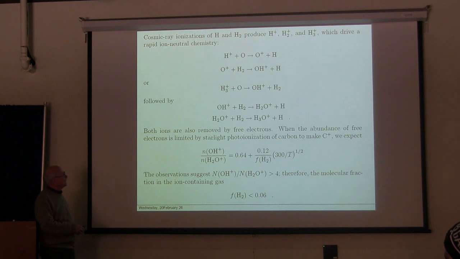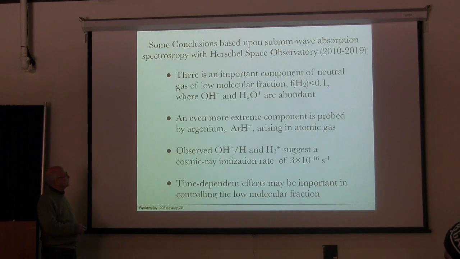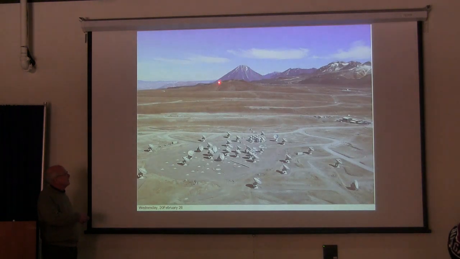And fortunately, with the launch of the Herschel Space Observatory in 2009, it became possible actually to observe many of these interstellar hydrides for the first time, the ones that have their lowest rotational transitions at sub-millimeter and far infrared wavelengths. And so several of the conclusions could be drawn from that, especially through observations of these very reactive molecular ions.